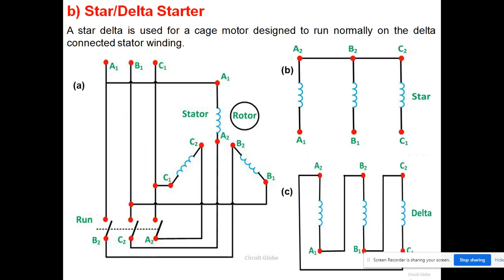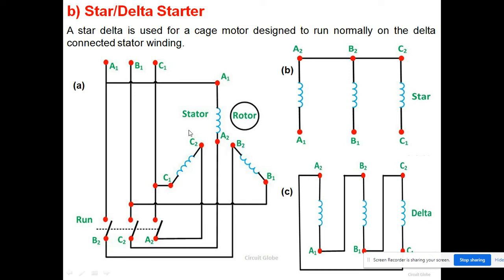Now we want to discuss the second type of starter, which we are calling the star delta starter. The star delta starter is used for a motor designed to run normally on a delta connected stator winding. For that, we are designing this starter.